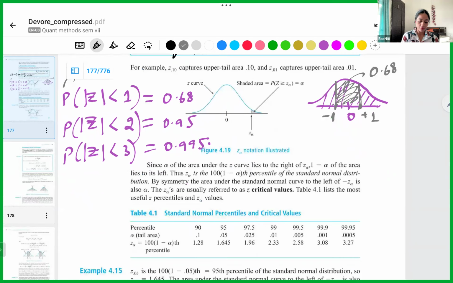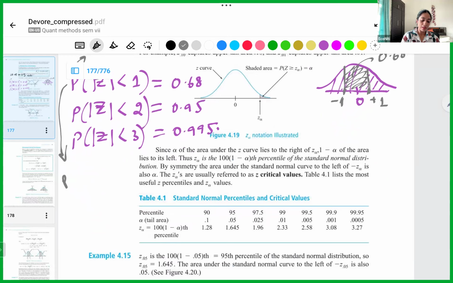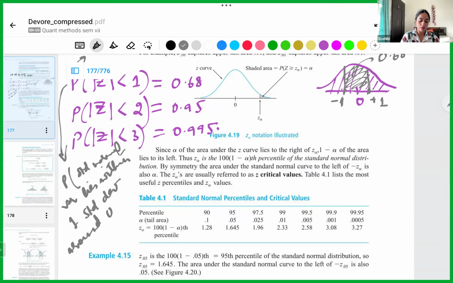Probability, let me just write over here. This particular thing is saying that the probability that standard normal variable lies within one standard deviation around the mean.